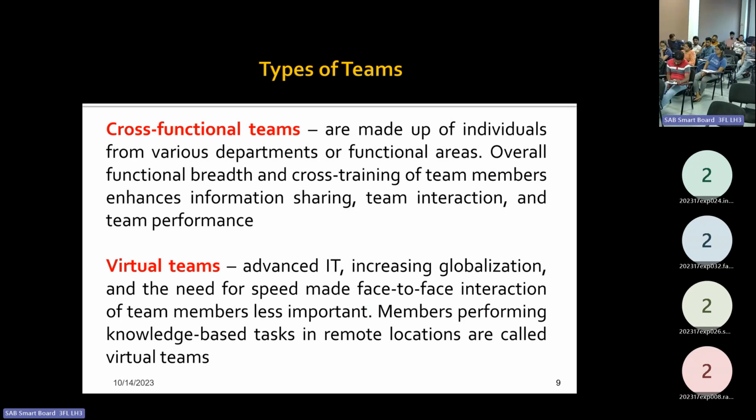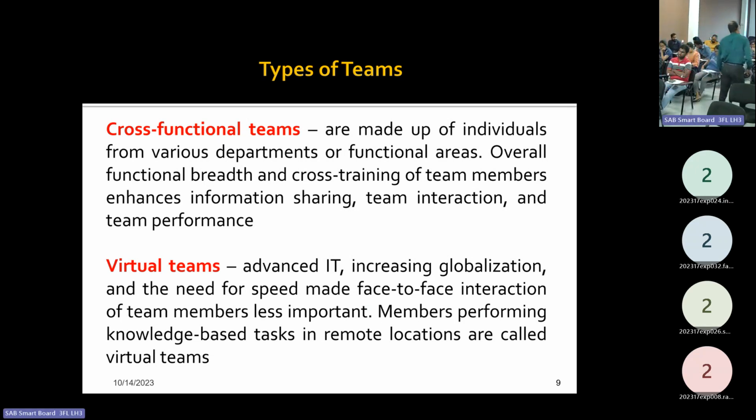The performance of the entire team can go up drastically because the members' diversity is very high. Therefore, these teams can easily help organizational creativity and innovation.